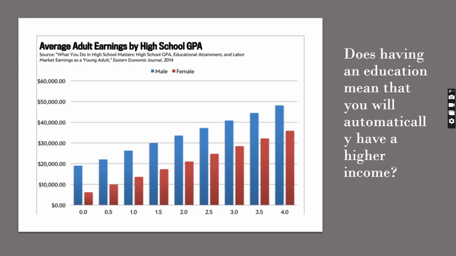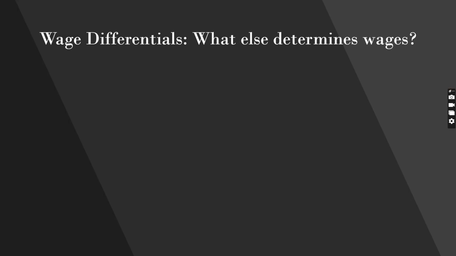But there is a correlation between education and even going as far back as high school GPA and how much you will earn later in life, because things like your GPA represent the value you place on your human capital and your learning and what you put effort and energy into. And so some of you might be looking at this and you might be like, oh, well, I have some work to do. So it's never too late.